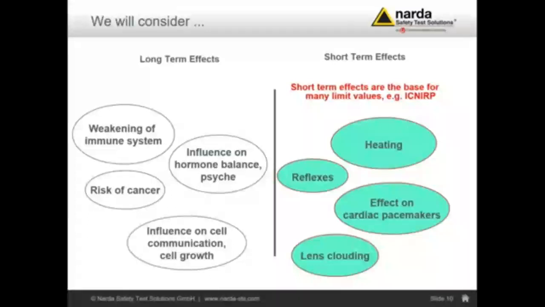Short-term effects like heating, reflexes, or lens clouding are well known, they can be measured, and for that it's no big deal to set up limit values, because there is a known effect. You know which field strength is necessary to heat up the human body by 0.1 degrees Celsius, and by this you can say, okay, 0.1 degrees Celsius is the maximum, and there we have to set up a limit.